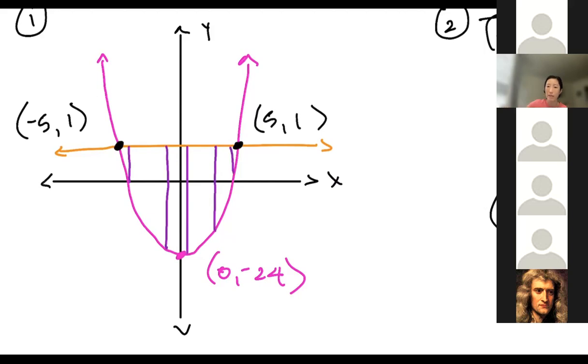And these purple rectangles, do they line up along the x-axis or along the y-axis? They line up along the x-axis. Okay, now that is correct.